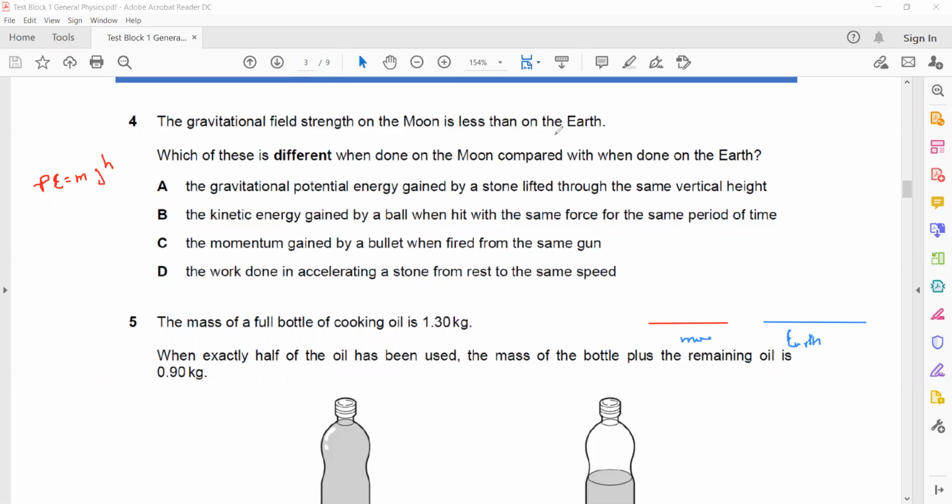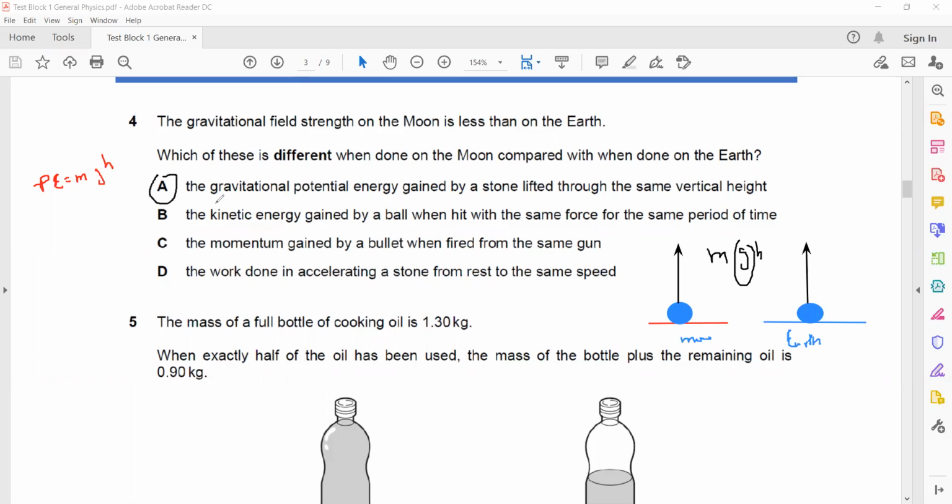If we lift the identical objects to the same height, the gravitational potential energy is given by mgh. So m is the same, h is the same, but what happens? g is different. So if gravity is different, the product on Earth will come out different compared to the product on the moon.